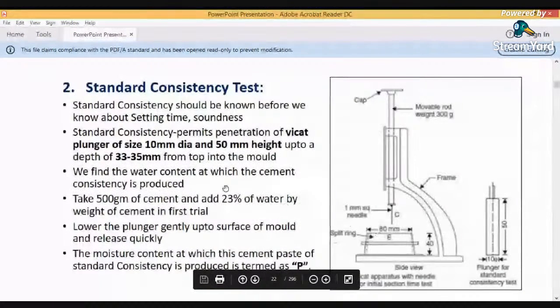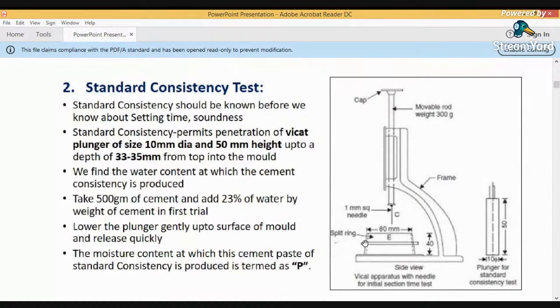When it enters to a depth of 33 to 35 millimeter, you record how much water you have added. So the moisture content, when the plunger has penetrated into the block to a depth of 33 to 35 millimeter, that amount of moisture content present inside the cement is called the standard consistency of the cement.